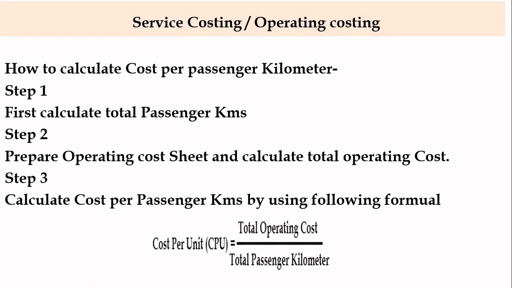When you divide the total operating cost arrived from the cost sheet by total passenger kilometers, we will get cost per passenger kilometer. So these are very simple three steps which you have to follow to arrive at cost per passenger kilometer. Now let's solve two problems and see how to calculate cost per passenger kilometer.